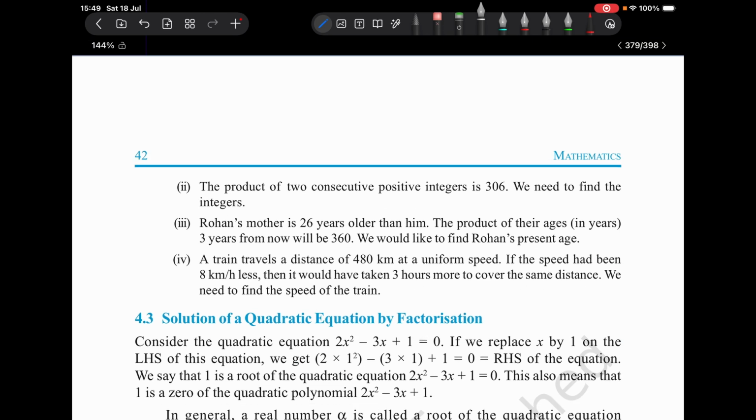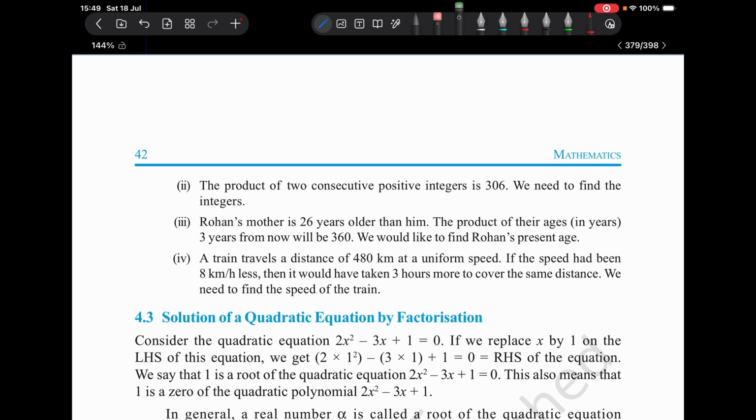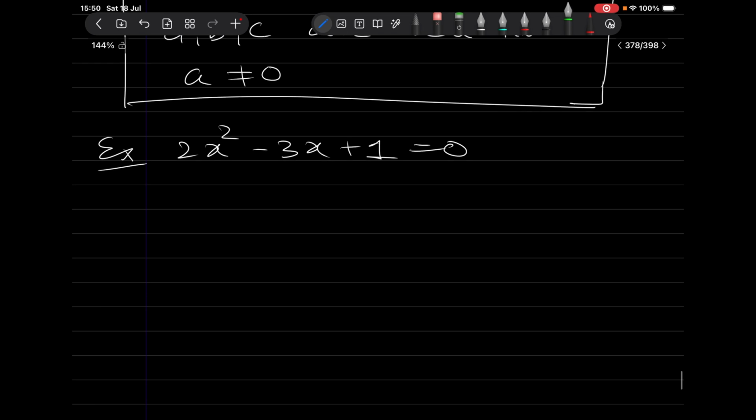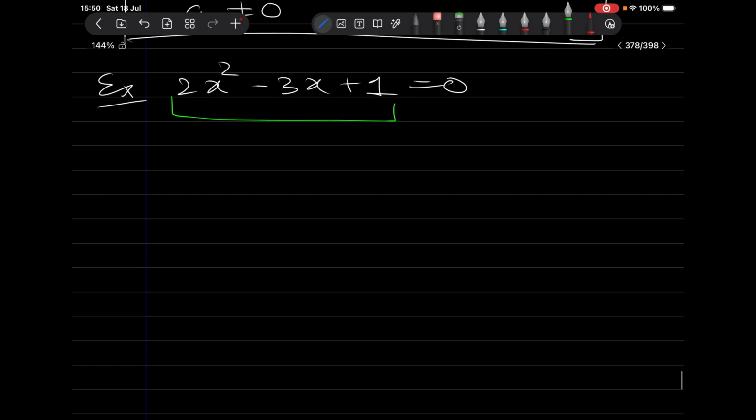Now let us see this example: 2x square minus 3x plus 1 equals 0. The left hand side is 2x square minus 3x plus 1.